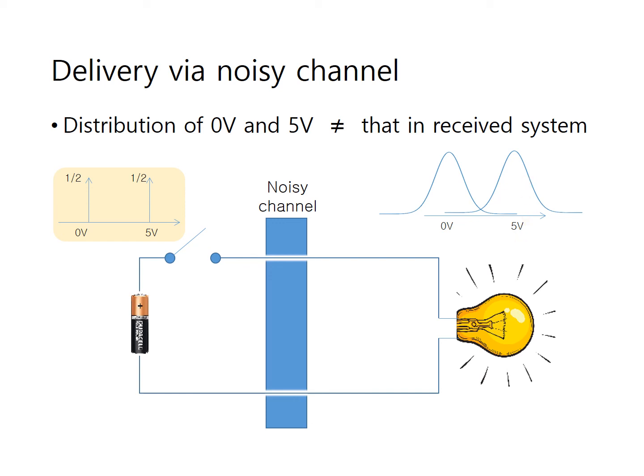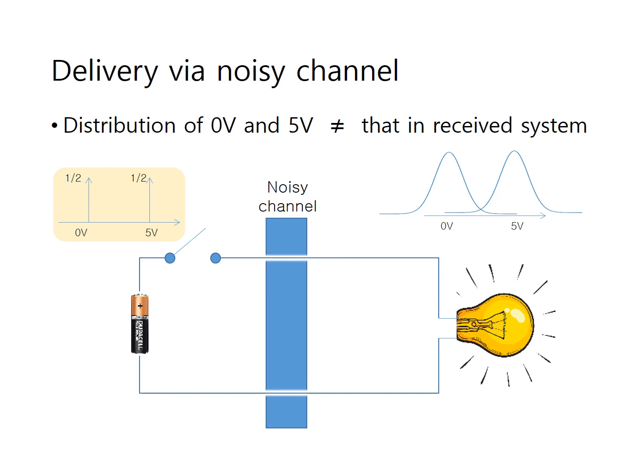If you transmit 0 volt, it can become 2 volt by adding 2 volt, or it can become minus 1 volt by subtracting 1 volt. If you transmit 5 volt, 1 volt can be added to make 6 volt, or 1 volt subtracted to make 4 volt.